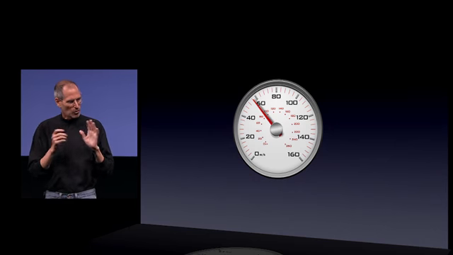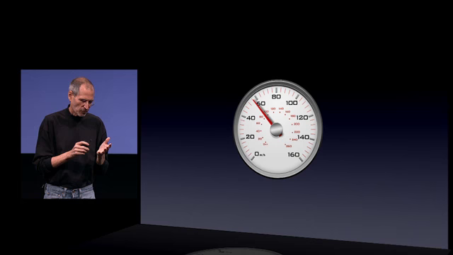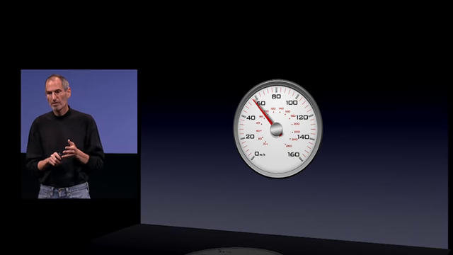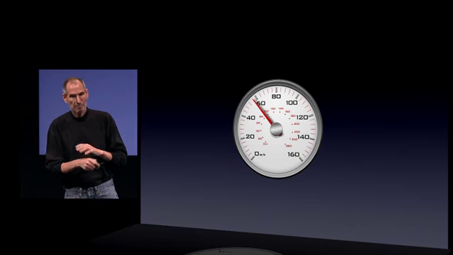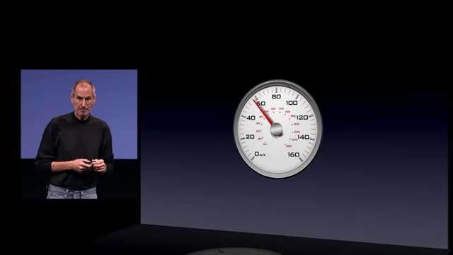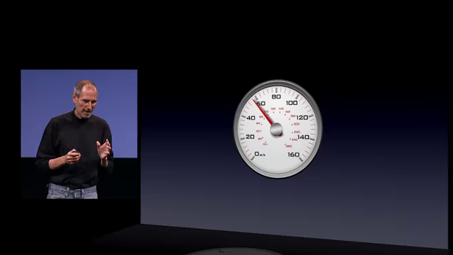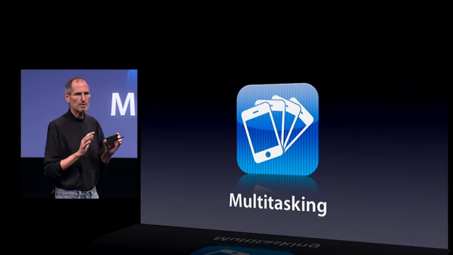If you don't do it just right, your phone's going to feel sluggish and your battery life's going to go way down. People have experienced that a lot. We figured out how to implement multitasking for third-party apps and avoid those things. That's what took us a little longer, but I think we nailed it.